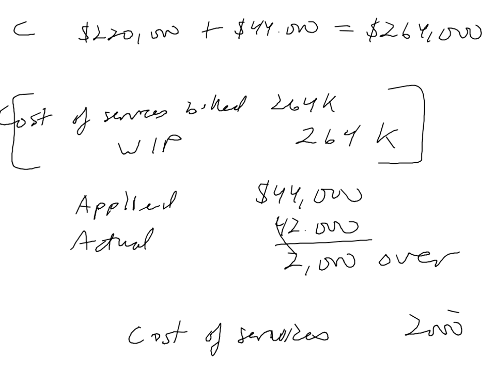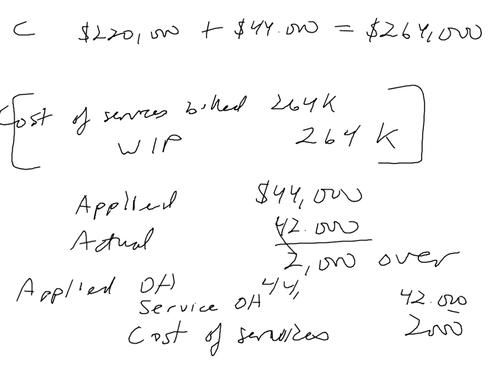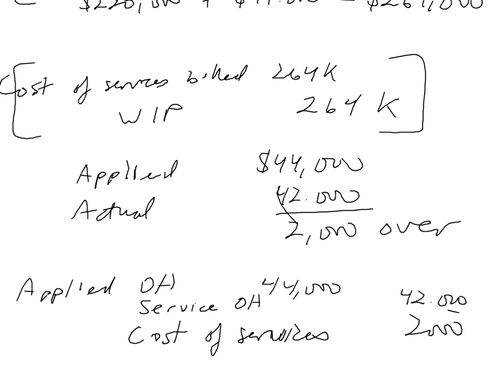Now that account had a debit balance of $42,000, and we're going to have to debit our applied service overhead by $44,000. So that's what the journal entry would look like for Part D.